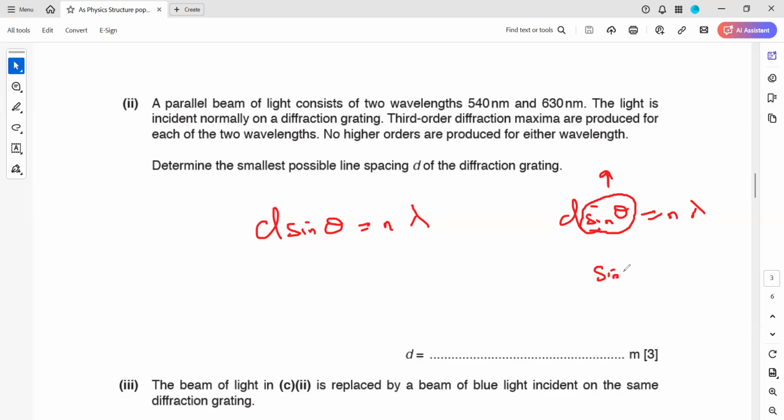What is the relation? Sine theta is n lambda over D. n is constant here, which is 3. So if we want the maxima, lambda should be maximum and D should be the smallest one. That's why we are taking the longest wavelength.